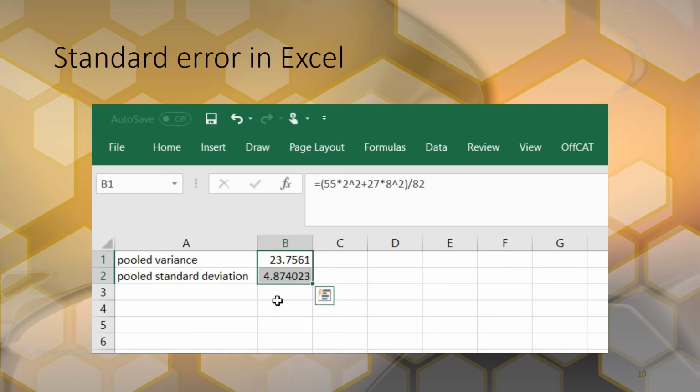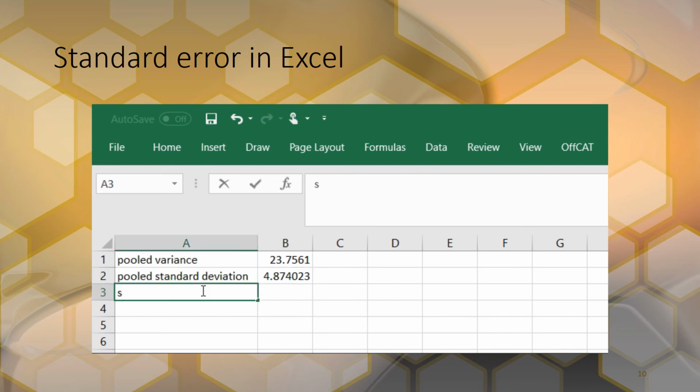Okay, so we already found the pooled standard deviation here, which is 4.87, and now I want to find the standard error. So we're going to just use our calculations that we had already, and we're going to use that formula that was on the last slide. So you're going to put an equal sign and then 4, well, you don't have to put 4.87 because we already have it here.